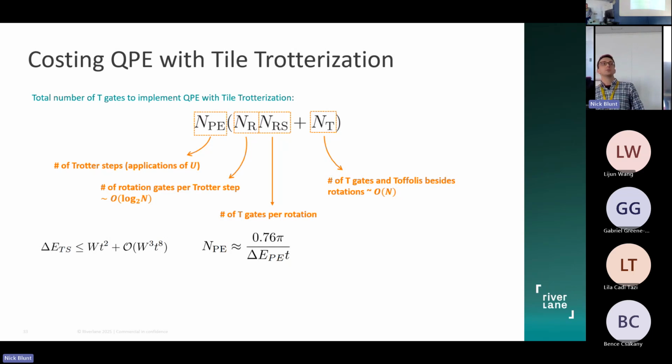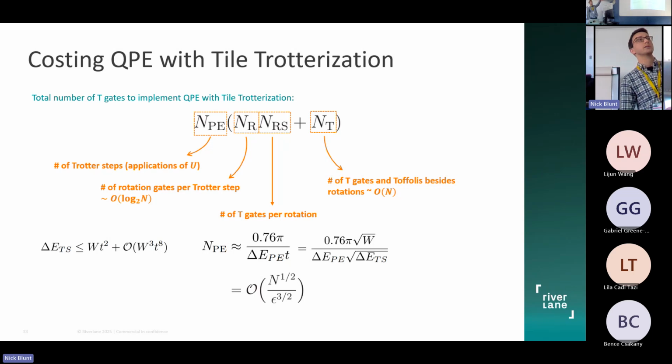I was telling you earlier that the scaling of second order Trotterization is t cubed, but that's the scaling in the spectral norm. Here we're interested in calculating the energies of the Hamiltonian, and it turns out that actually here the scaling goes as t squared. So again, I think this is not super obvious, but this is something that you can show. And so if you invert this to get an expression for t and plug it into this formula, we get the following. So in the numerator, you have the square root of W, which is going to be order n to the half.